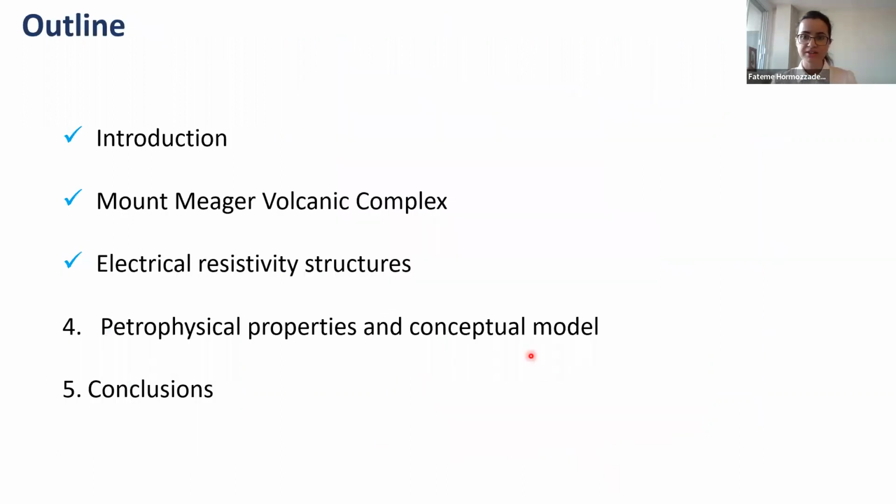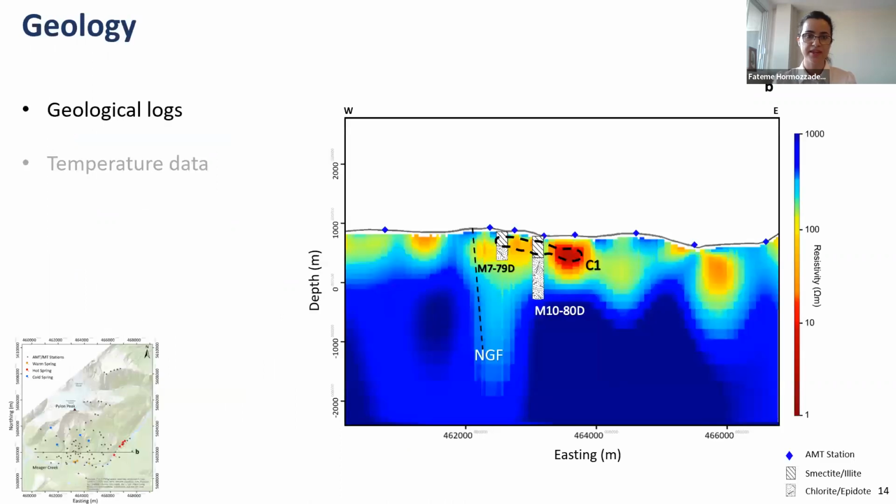So we saw the extension, location and different features of the resistivity model. If we get back to the outline, we are now going to use different data sets and this resistivity model that I showed to define the conceptual model and also petrophysical properties of Mount Meager. To build the conceptual model, we need to study the available information about both the geology and also temperature data, which are available through the boreholes that we had in the area.